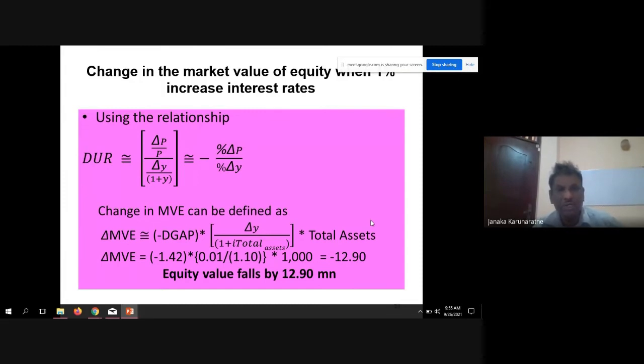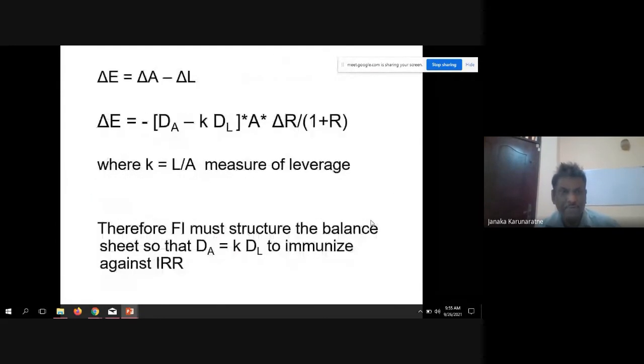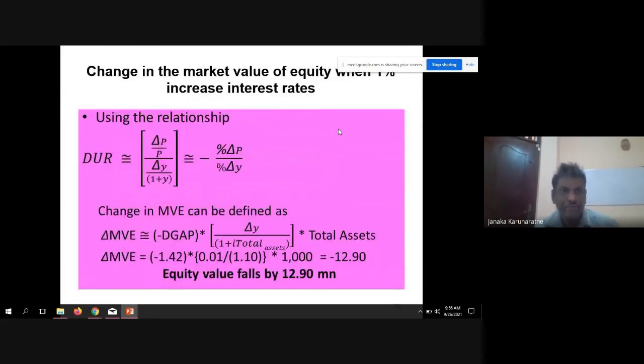Now how it impact the market value of our equity. So we can go to our original formula, a simple formula. This one. Change in equity equal minus DA minus k DL times asset times delta R over 1 plus R. So we can use that formula. So change in, I will straight away go to this part. Don't worry about this formula part. So change in equity equal minus duration gap.